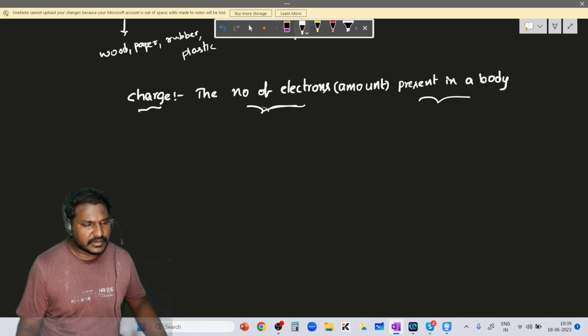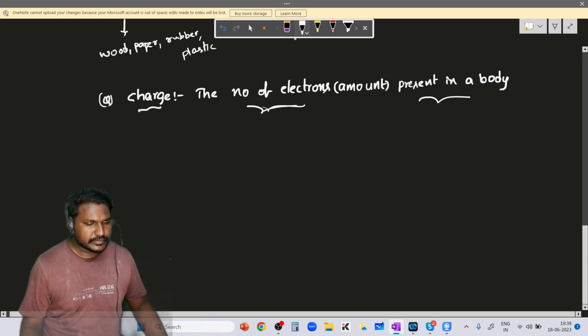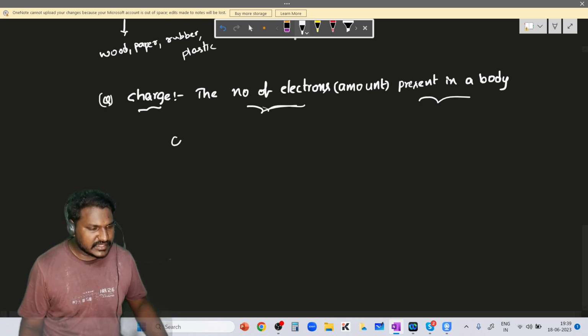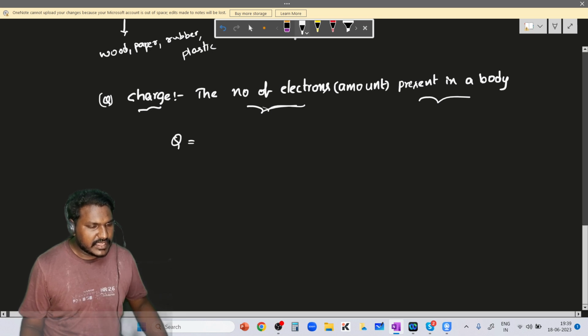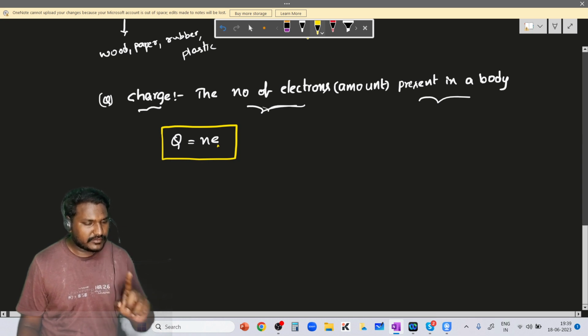Charge is nothing but the number of electrons present in a body. Charge is denoted by the symbol capital Q, and it is given by n times e, where n is the number of electrons and e is the value of one electron.